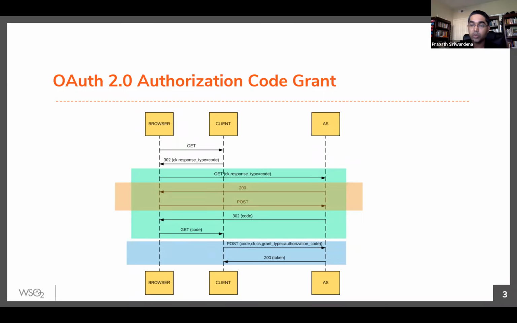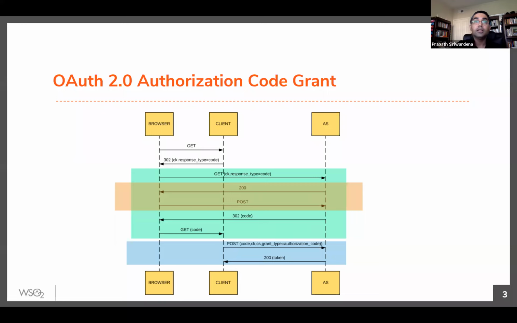You also know from the last session that with the response type, we also associate something called the response mode. It's not defined in the OAuth spec, but for a given response type, there's an associated response mode too. For the response type code, the associated response mode by default is query. That means you get the authorization code as a query parameter.